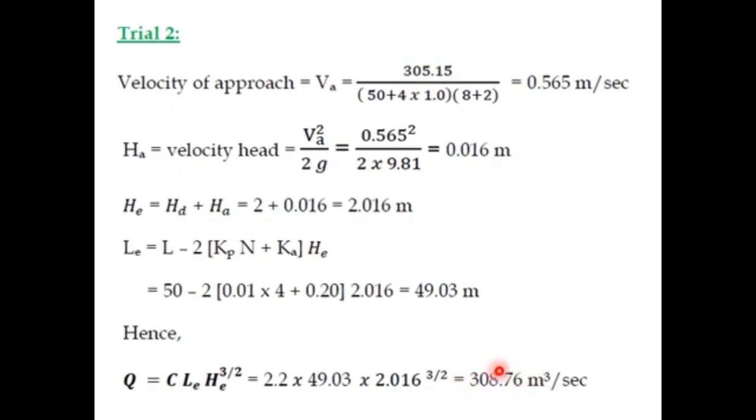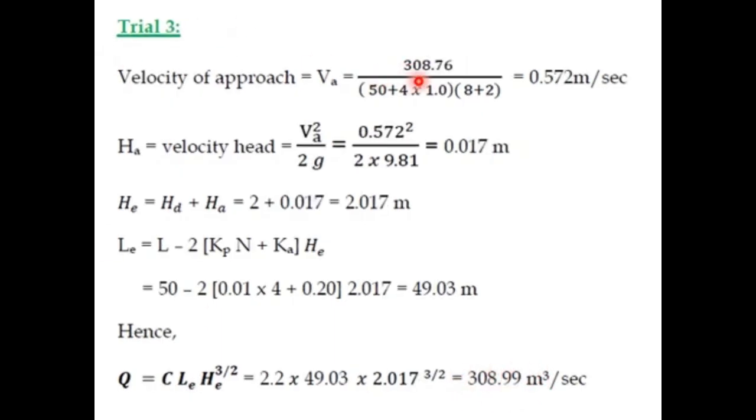We can do one more trial, finding the new velocity of approach using 308.76 for the discharge and the area, so we get 0.572, and hence the velocity head, which last time was 0.016, is now 0.017. Therefore the design head is 2, and the total head is the design head plus the velocity head, which comes to 2.017.